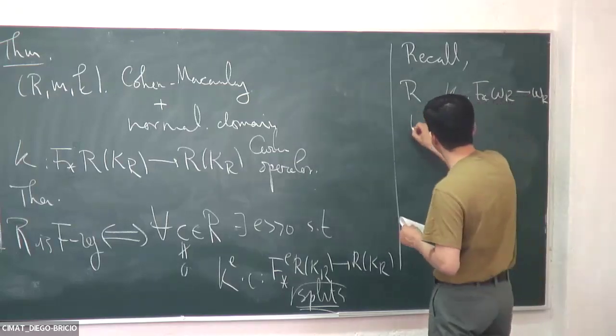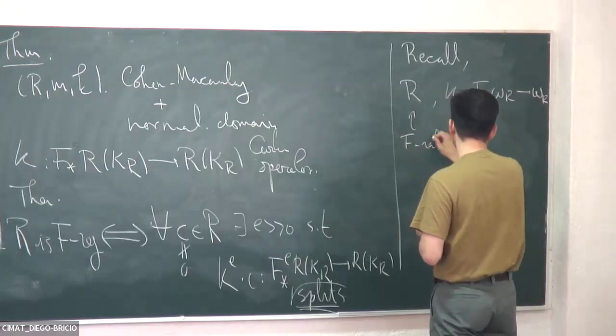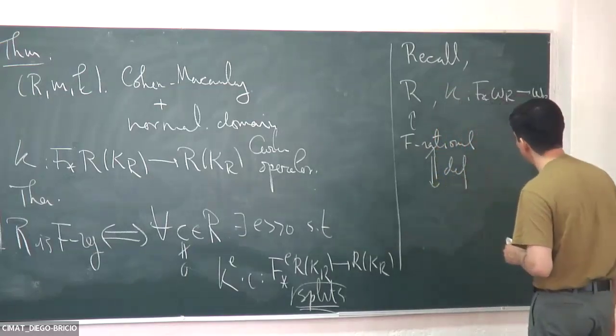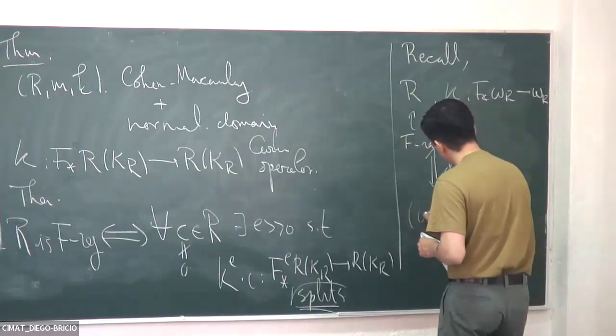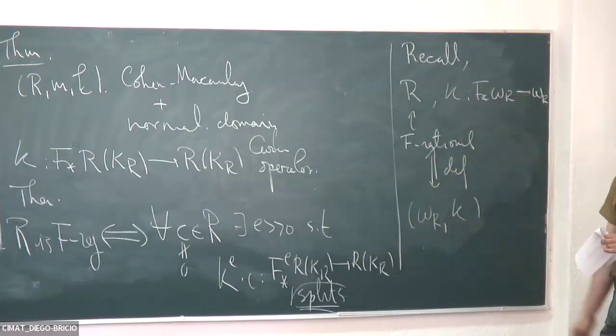So this is F-rational if and only if by definition the pair omega R, kappa, this Cartier module, is F-regular, right?